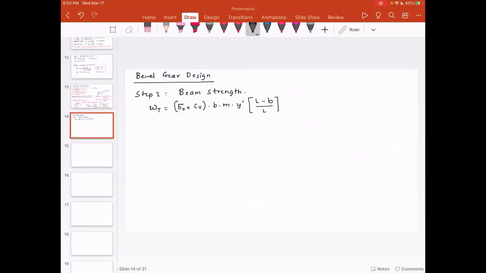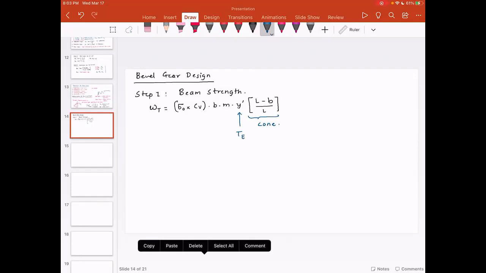This term is present because of the cone. Since the bevel gear is cut on the cone, we have this term. Y prime is the Lewis form factor, which is based on the equivalent number of teeth. Other than that, all the terms are exactly the same.